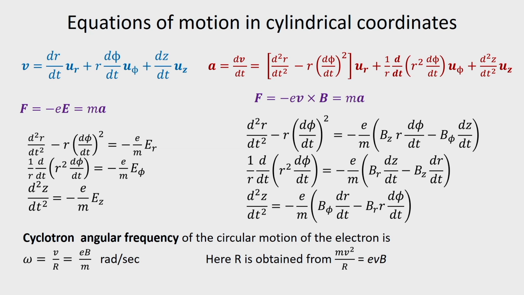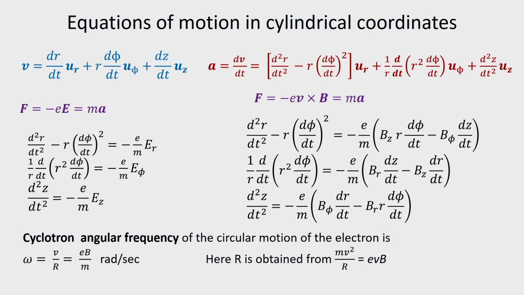So, these two components, the equations which contain E_r and B_z, those two equations will be useful to us. And we also define the cyclotron angular frequency of circular motion of the electron.